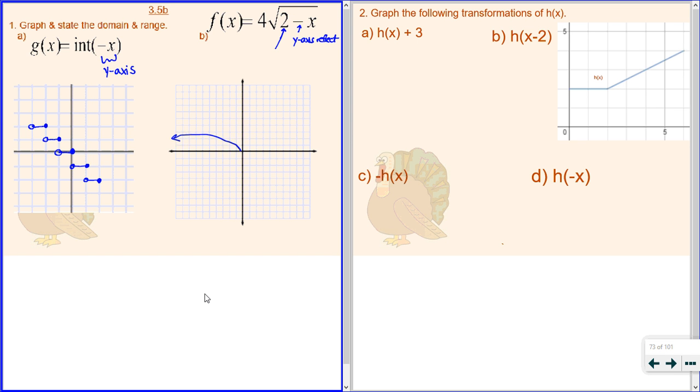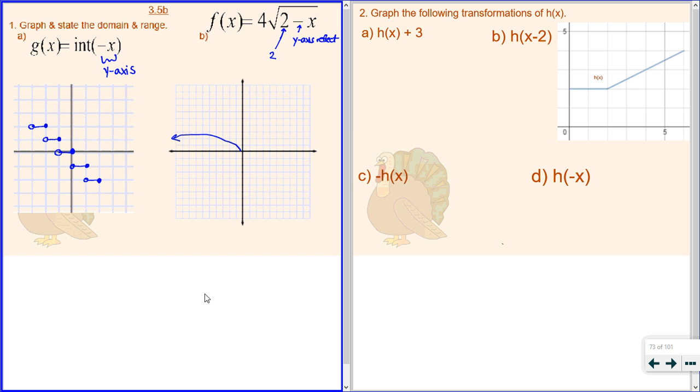Now I want you to picture, if this was plus 2, so square root of x plus 2, it moves it 2 to the left, right? And this is adding 2.